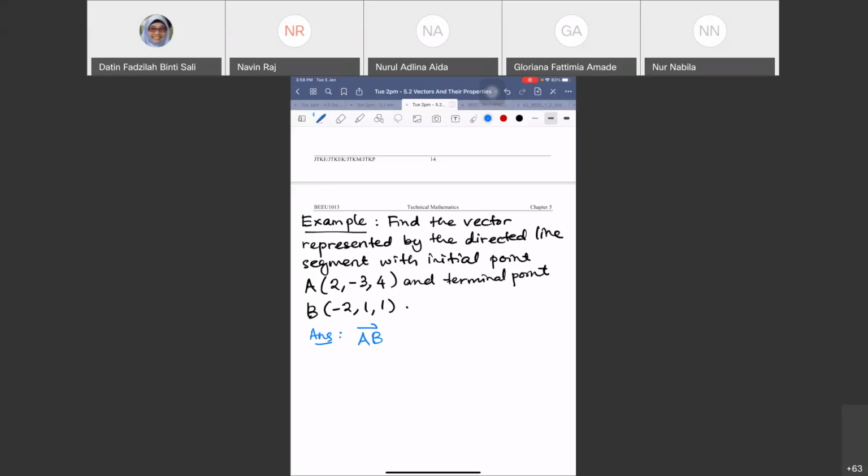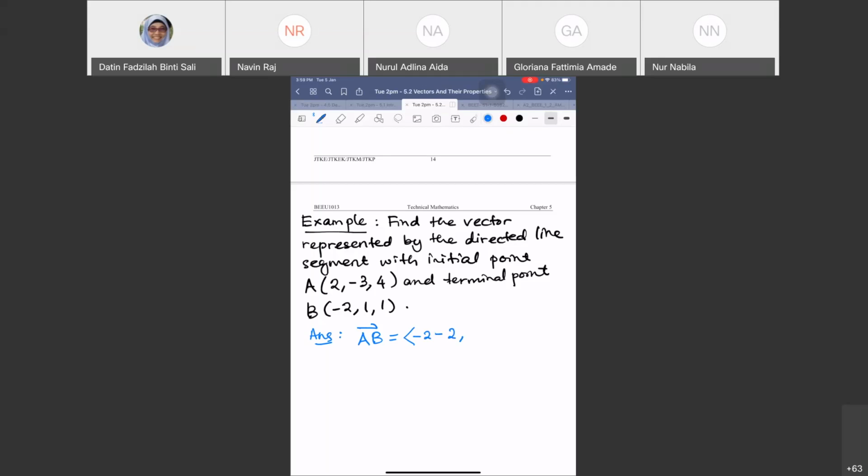Okay, so just use the theorem just now. In terms of component, for x coordinate, terminal minus initial for x. For y coordinates, terminal point, which is the B, minus initial at the A. So for X component, it will be terminal minus initial.